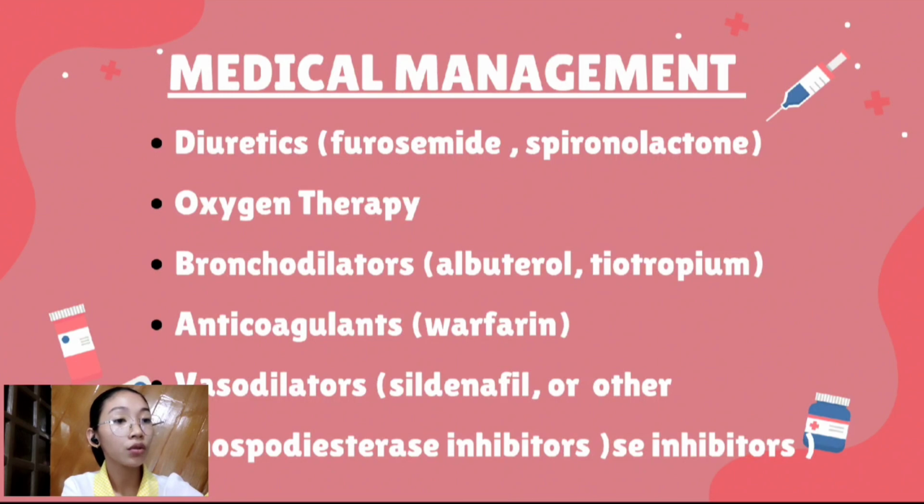It's also important to note that the choice of medication and their dosages should be determined by a healthcare professional based on a thorough evaluation of the individual's condition and underlying causes of cor pulmonale.